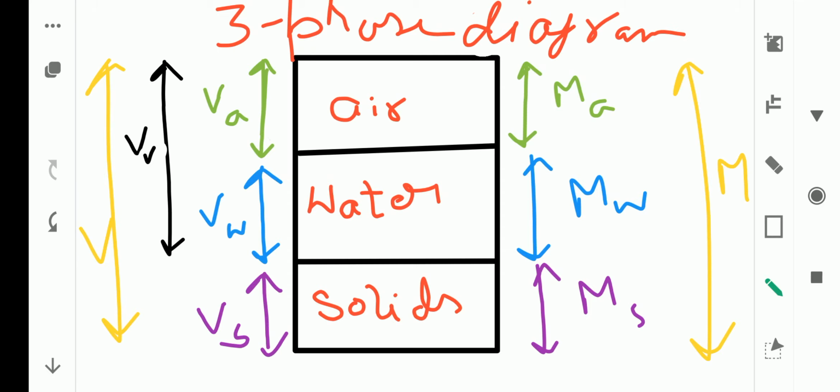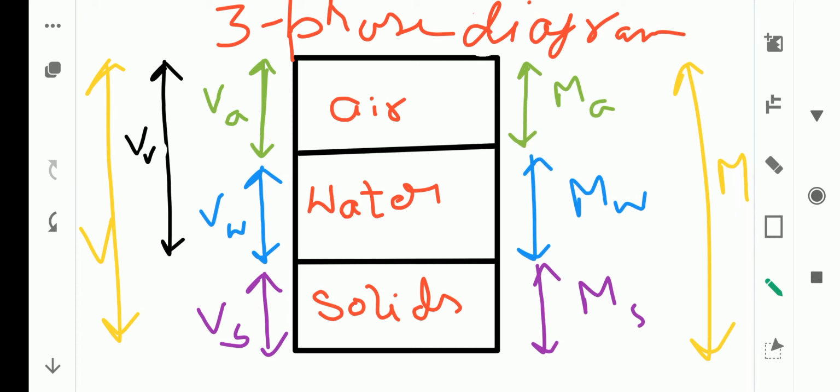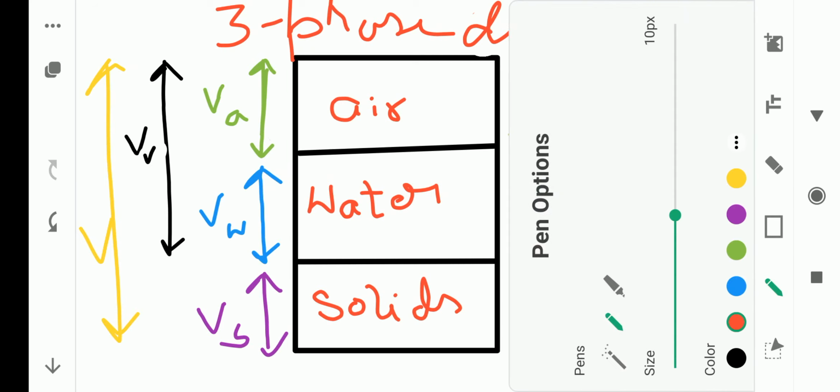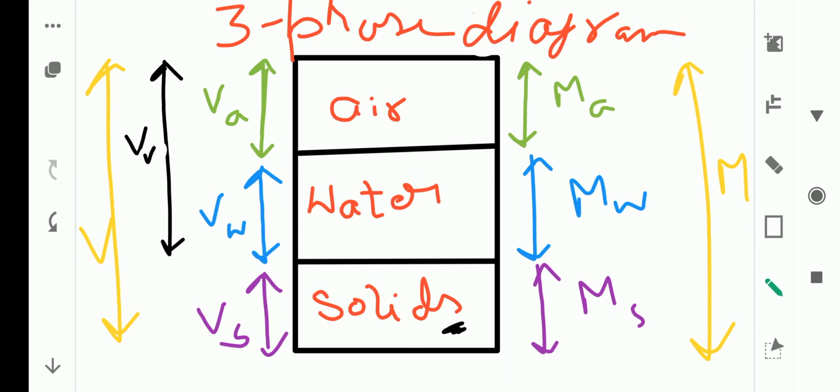No problem. So, in this three-phase diagram, what you are seeing here, the lowermost part shows solid, right? This is the reason where we have represented as solids, right? Above it is water and above it is air.